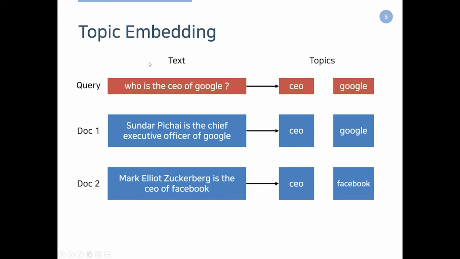Let's give an example. We have one query and two documents. The query is who is the CEO of Google, and document 1 says Sundar Pichai is the chief executive officer of Google, and document 2 says Mark Elliott Zuckerberg is the CEO of Facebook.